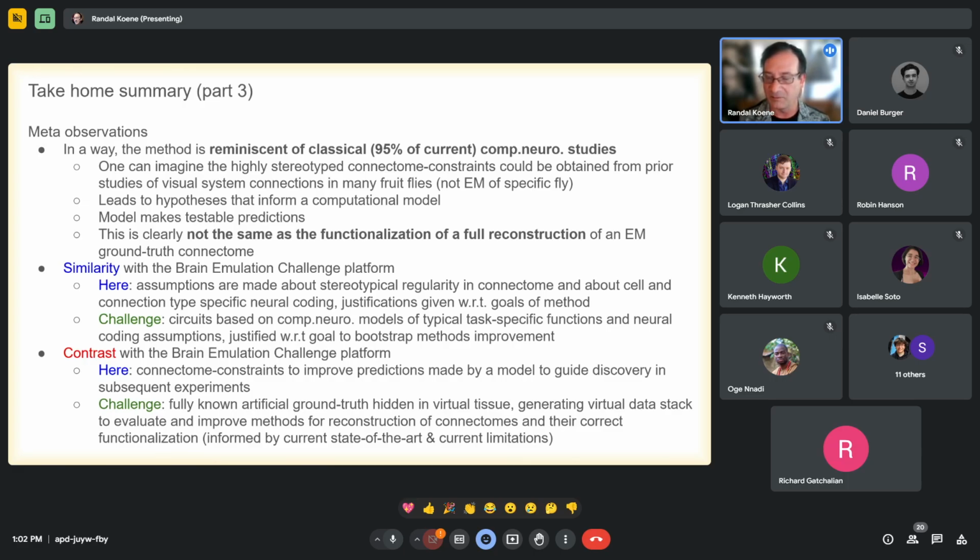Yes, the connectome data set provided some additional constraints, but how many of them? Because I feel like if you went through all the previous literature, that's what I wrote in this first part of my meta observation, you could probably make almost the same connectome-constrained stereotyped result without having had the fly EM data set. I'm not sure if that's true, but I suspect it might be possible.